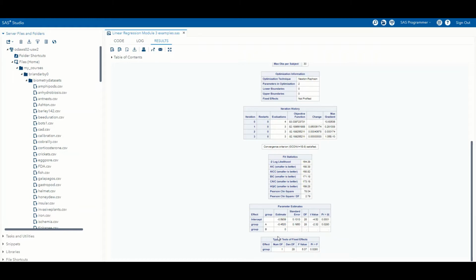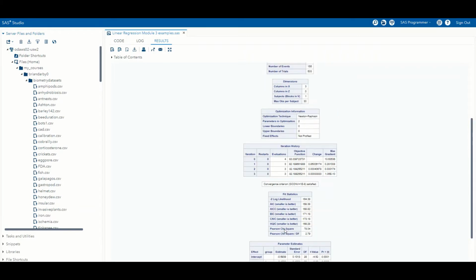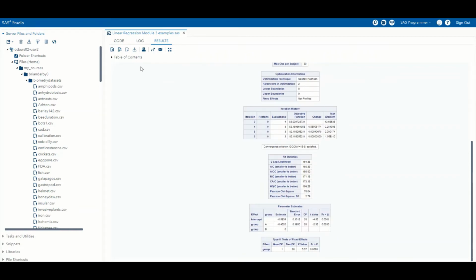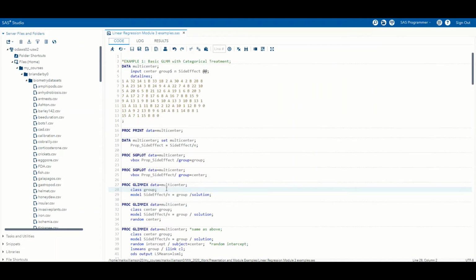Interpreting the parameter estimates, group B is set as the default, so group A is lower. That looks like group A has a lower proportion of side effects, and that group would be like a treatment group.